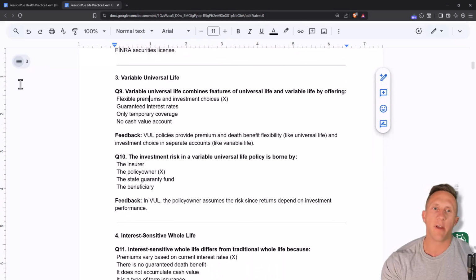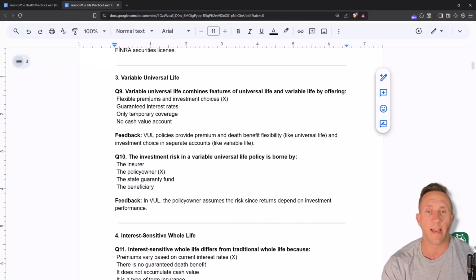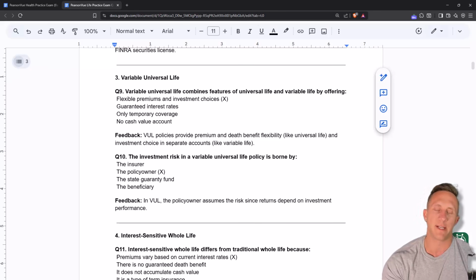Okay, variable universal life. This is a combination between universal life and variable whole life. Really, it's a universal life where the premiums are invested in a separate account. It does combine some features, so they will try to trip you up on your question.